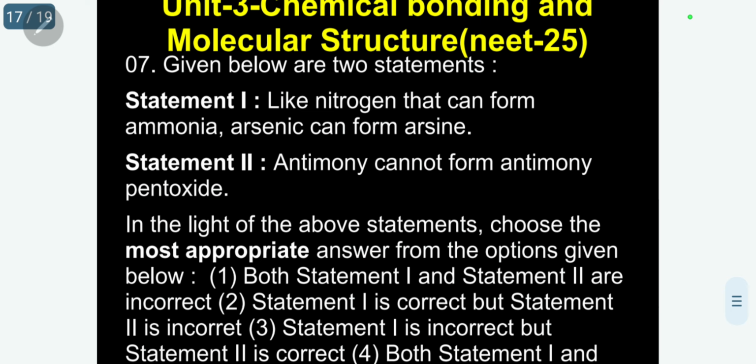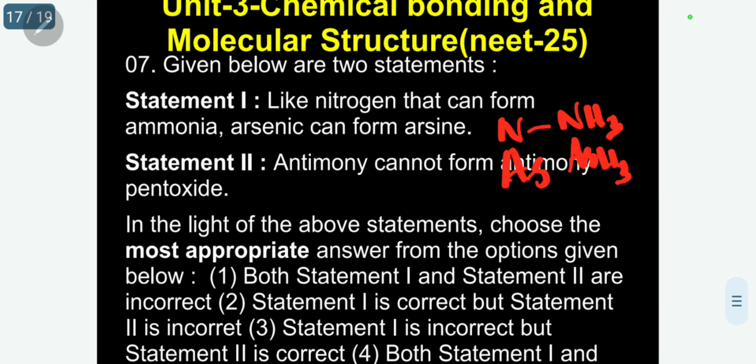Okay. Statement 1. Like nitrogen that can form ammonia, nitrogen can form ammonia, then arsenic can form arsine, AsH3. That is statement 1. Statement 2. Antimony cannot form antimony pentoxide.